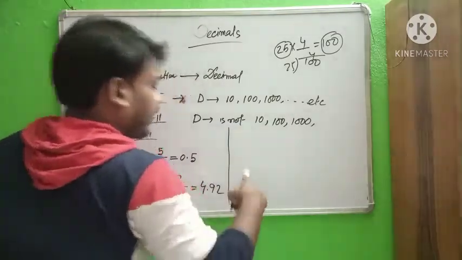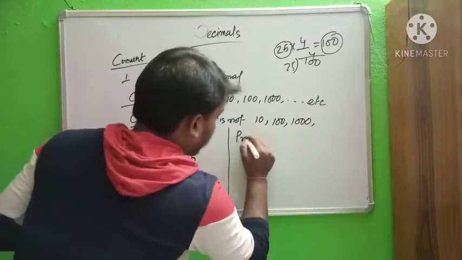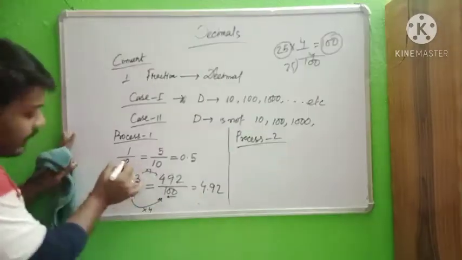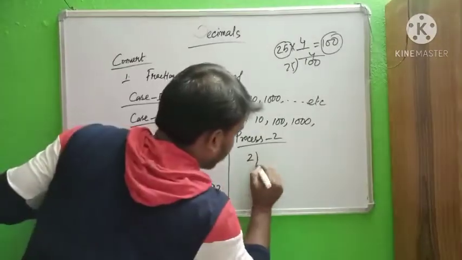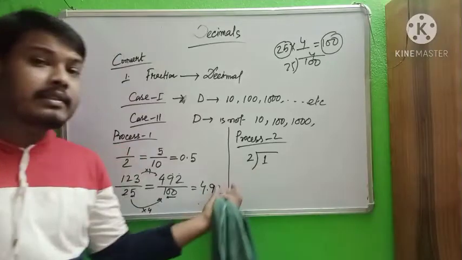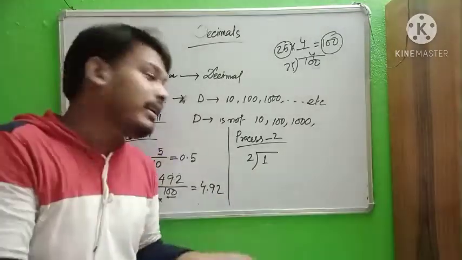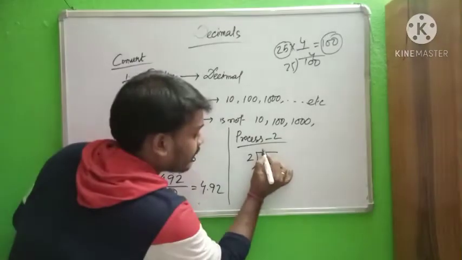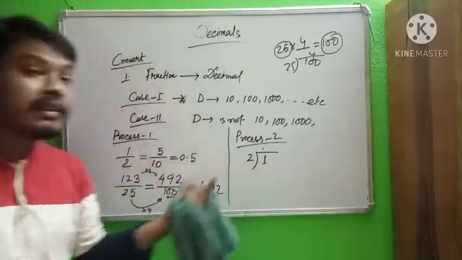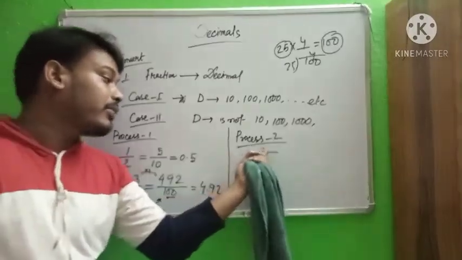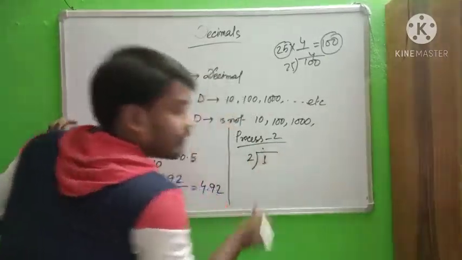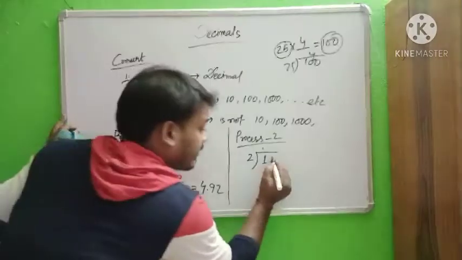And in upper class you learn about another process. Process 2: we directly divide. So here 1 divided by 2. When the dividend is less than the divisor, at that time we take the decimal. In the first step the dividend is less than the divisor, that's why we put the decimal in the quotient. After taking the decimal, we can take 10 at a time.